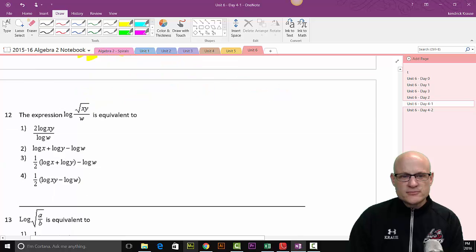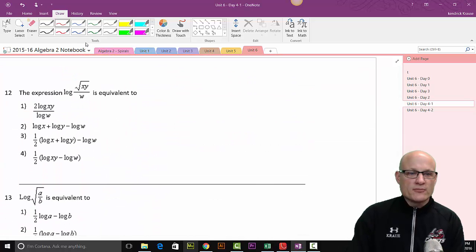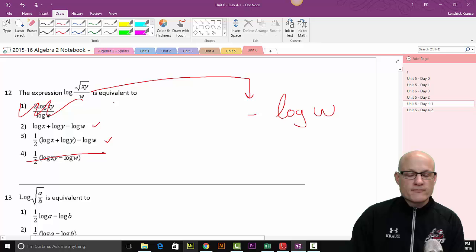Am I done? A couple more. Oh wow, got a lot more. All right, so here we go, flying through. This subtraction or division turns into subtraction. Log w comes out the end. It's got to be this one or this one. Can't be this, can't be this. And the reason it can't be this is because the 1/2 goes with this. Remember, this is xy to the 1/2.